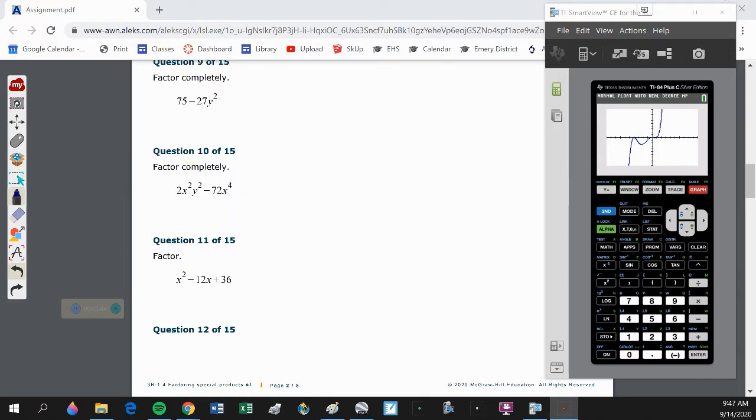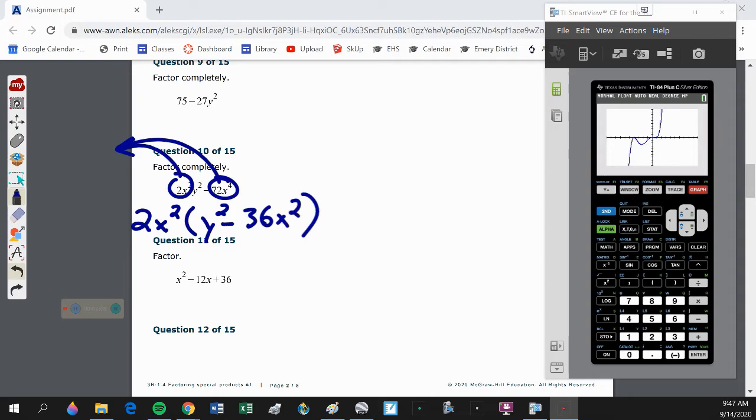And we find that it does. So what can I take out of both terms? 2x squared. So I'm going to grab the 2x squared and pull it out. And I get 2x squared, and then I'm left with y squared minus 36x squared.